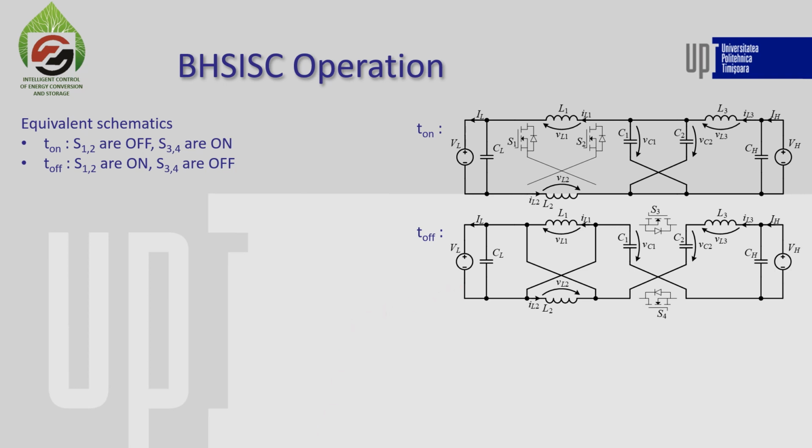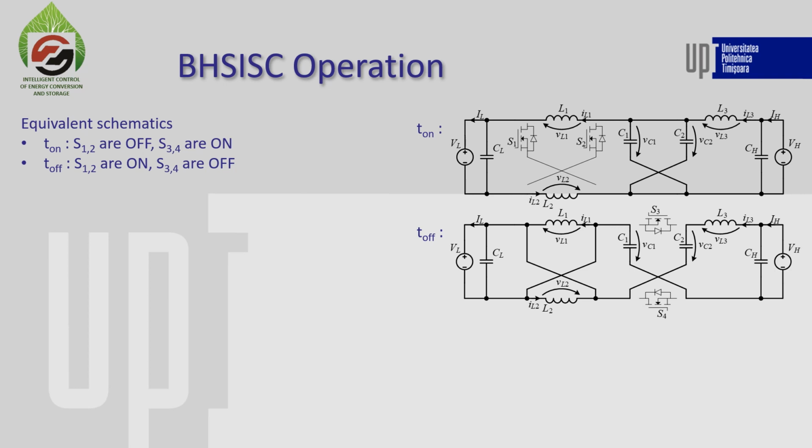The same assumption as previous is valid. So the capacitors are discharging in parallel to the low voltage side in buck mode, or they are charging from the low voltage side in boost mode, and they are discharging to the high voltage side in boost mode, or they are charging from the high voltage side in buck mode.